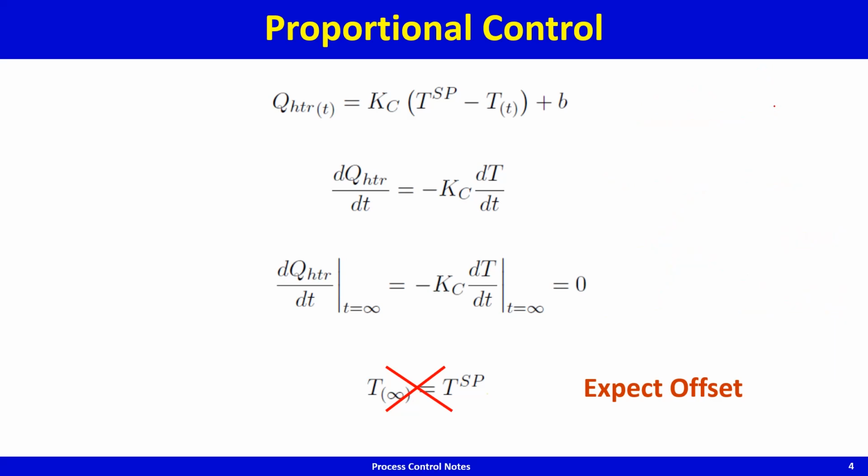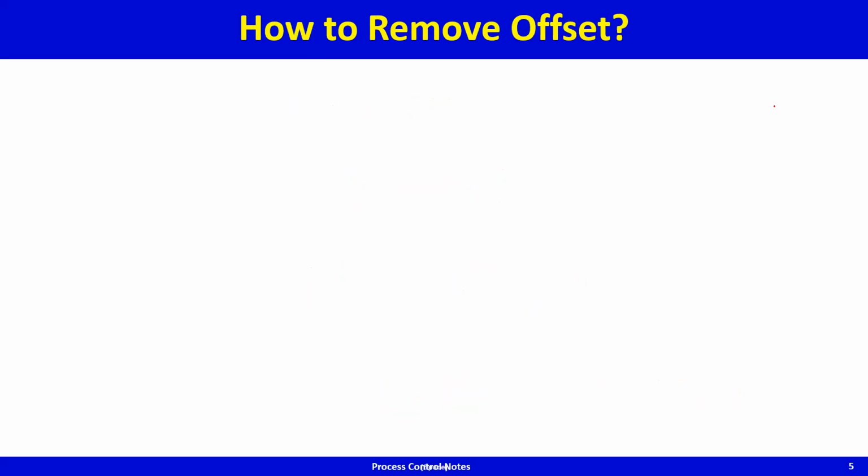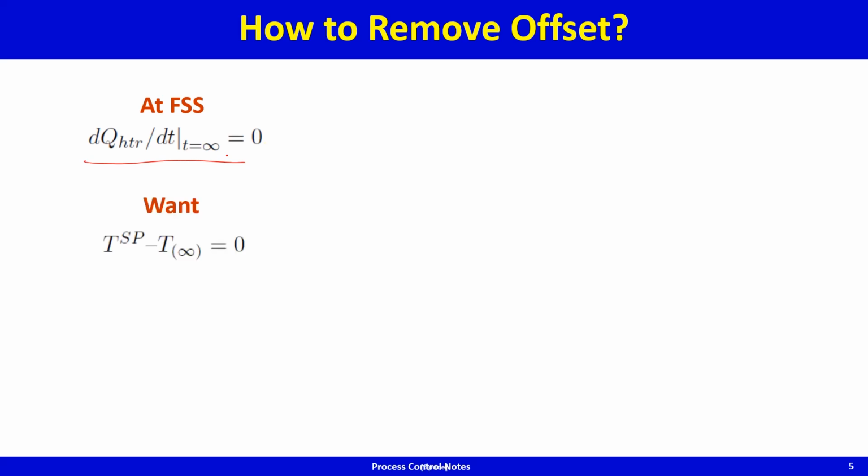So now let's start thinking, if you don't want offset, what shall we do? That's the question. How do we remove offset? So you start thinking, okay, at final steady state, by the definition of steady state, this must be 0. I also know that at the final steady state, I want this to be 0. So why not? You see, this term must go to 0.